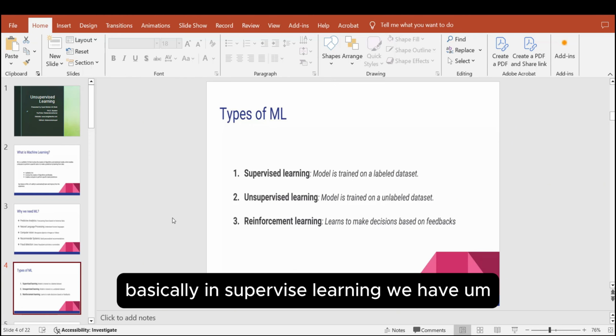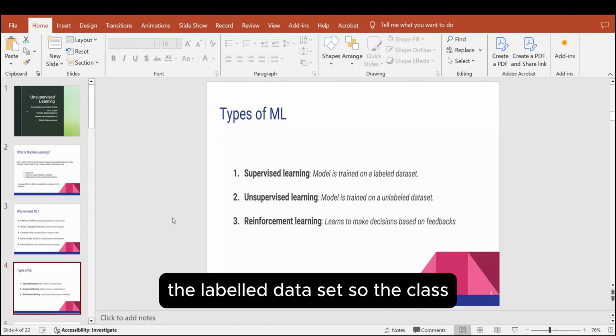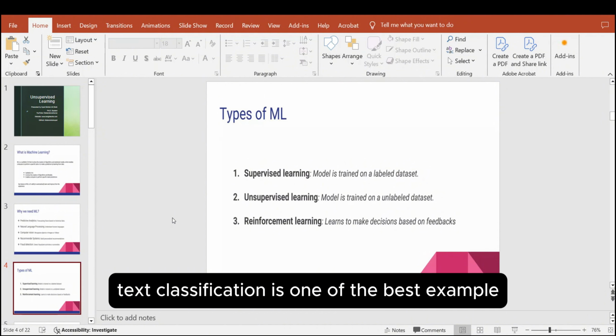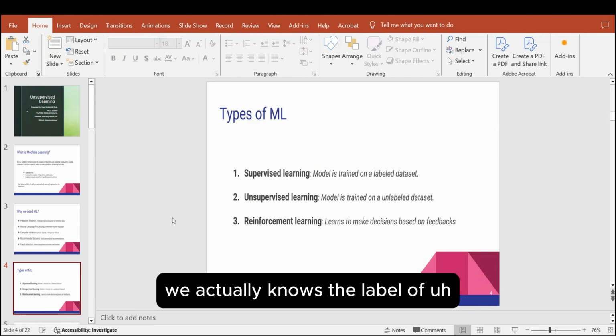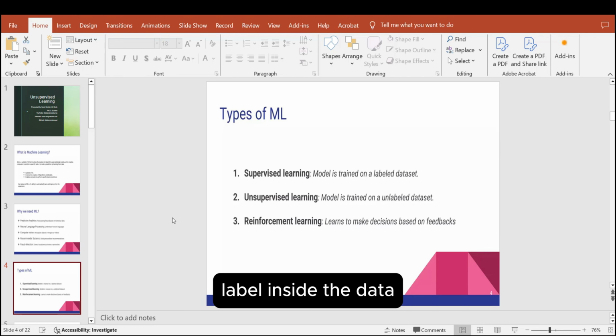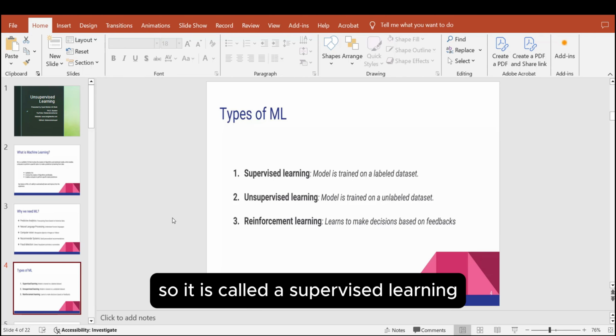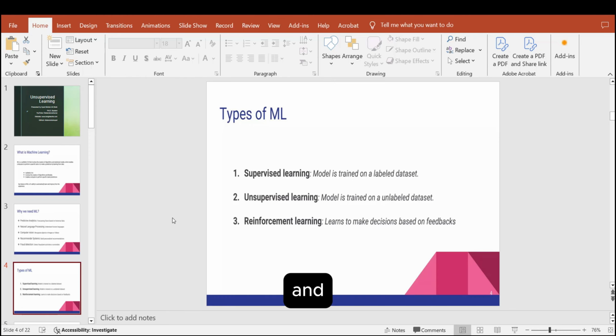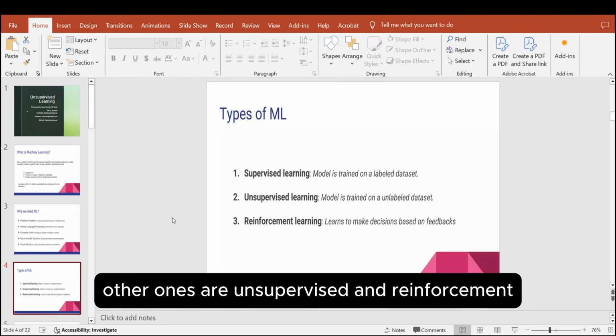In supervised learning we have a labeled data set. Text classification is one of the best examples of supervised learning. We actually know the labels inside the data, so it is called supervised learning.